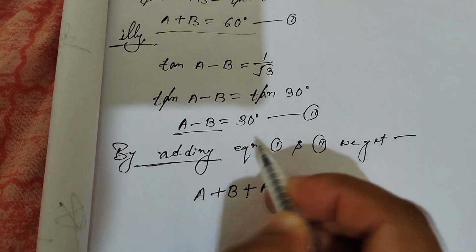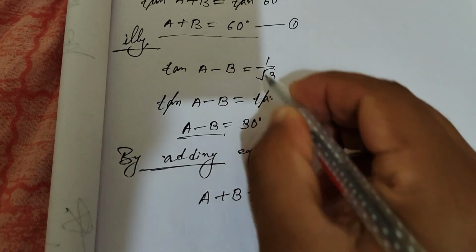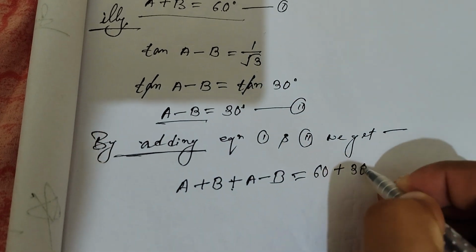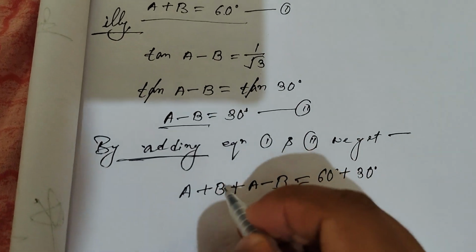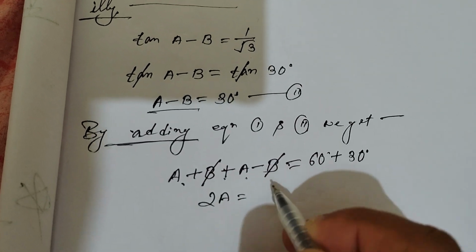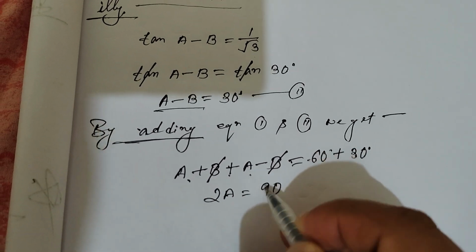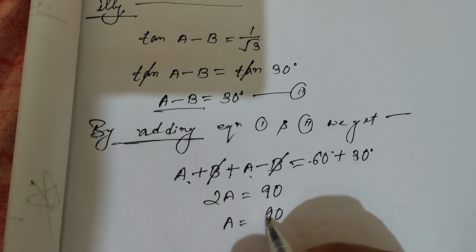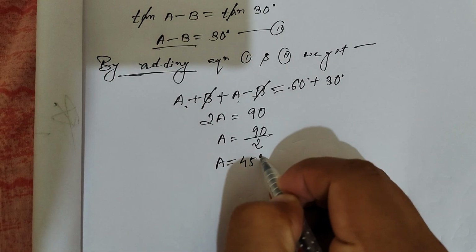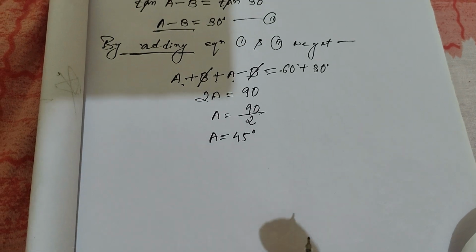Because we are adding. Okay, so equal to this 60 plus this is what? 30 degree. Okay, so plus b minus b get cancelled. A plus a is 2a, equal to 60 plus 30 is 90. So a equal to what? 90 by 2. A equal to 45 degree. Clear?